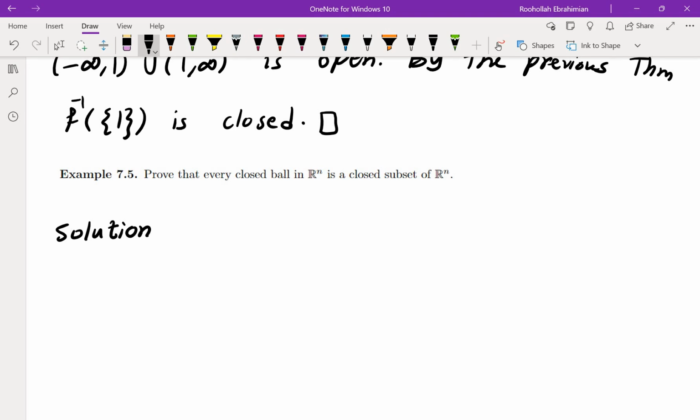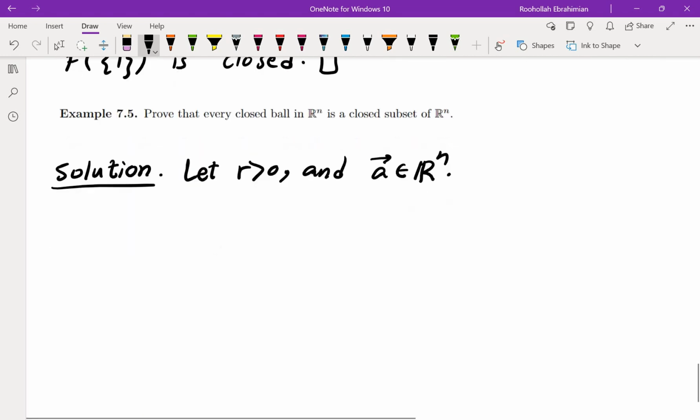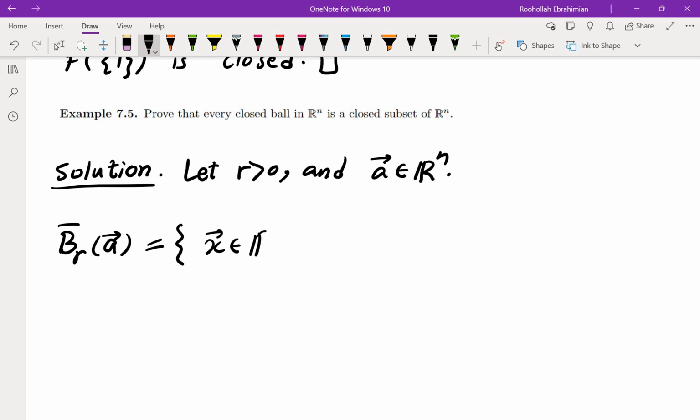We are going to describe this set using a similar strategy. So let r be a positive number and a be something in Rn. If you look at the closed ball centered at a, by definition, this is the set of all x in Rn such that the distance between x and a is less than or equal to r.